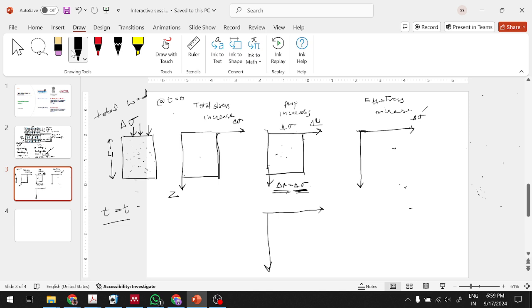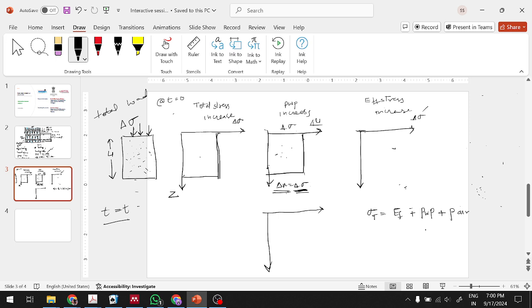We take, for example, I'll have to refer to the book, but for simplicity, I will mention that we will take total stress is equivalent to effective stress plus stress due to pore water pressure plus stress due to pore air.